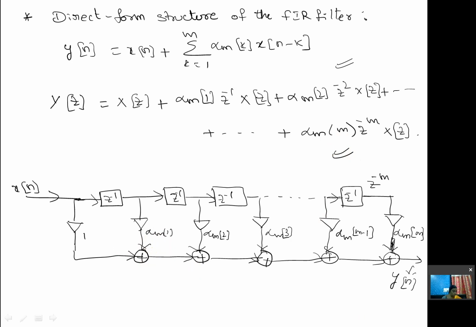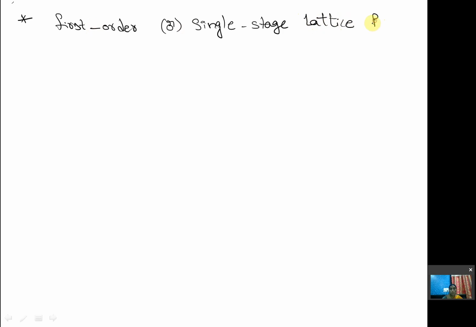Now to understand the lattice structure, first we should understand the first order filter structure, and it is also called a single stage, first order or single stage lattice filter.